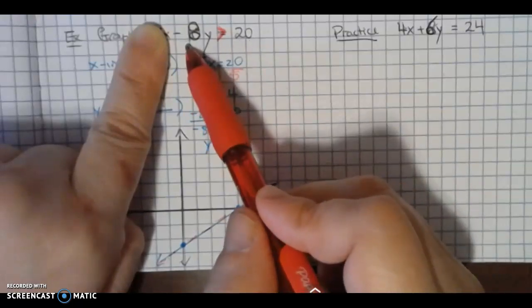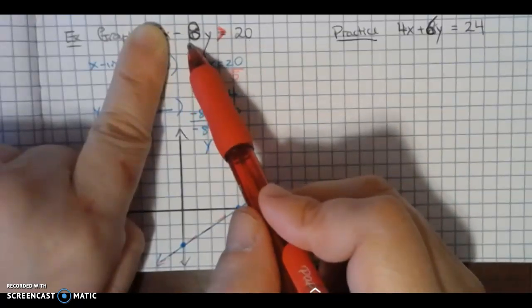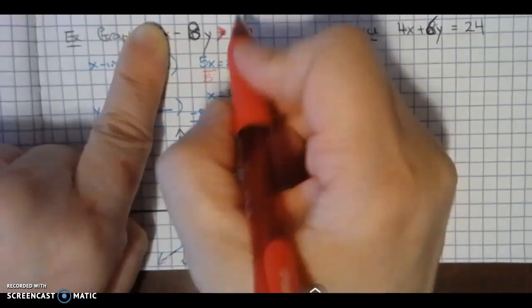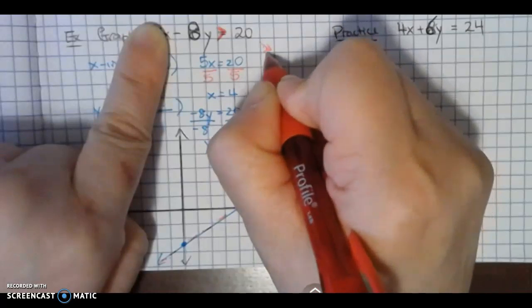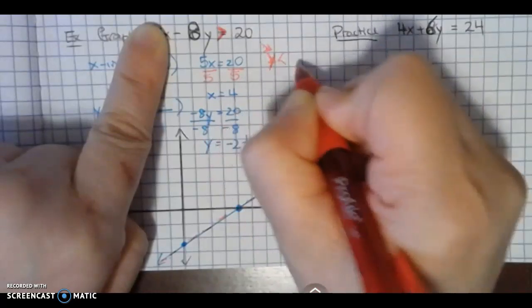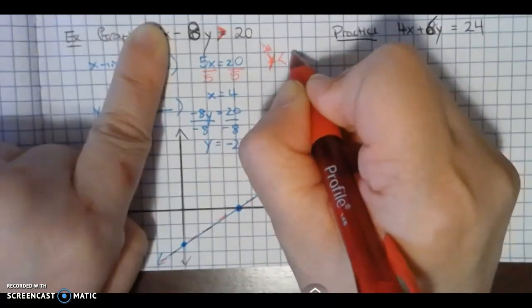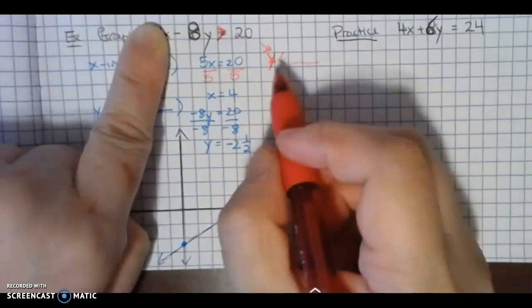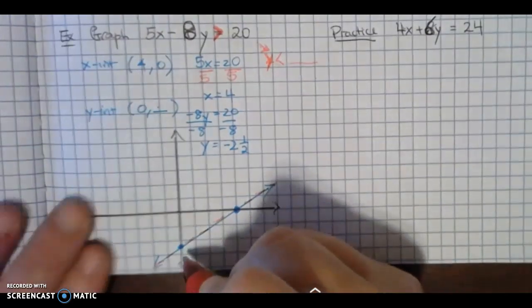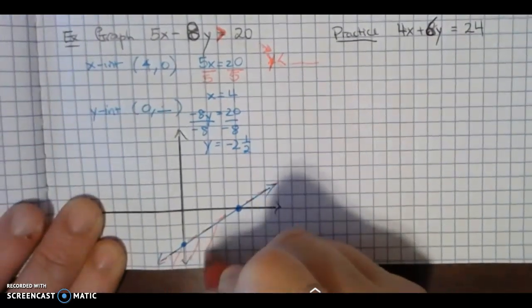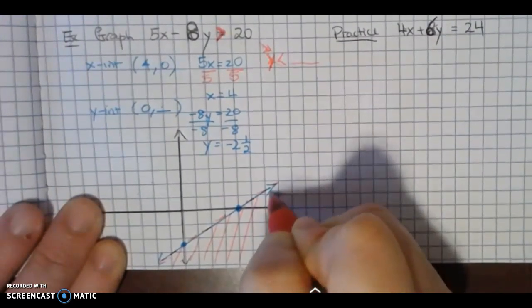If I divide both sides by a negative number, what happens to the inequality sign? It flips, so it becomes y is less than some expression. Y is less than, we're getting smaller, so that means we're shading below.